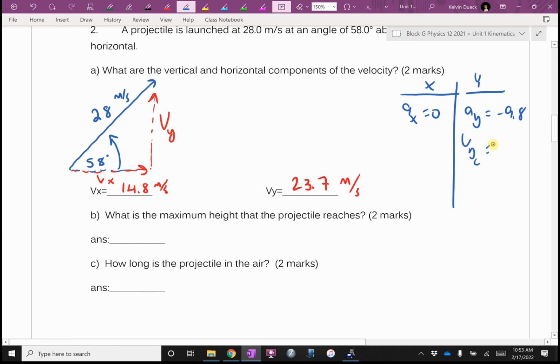Vy initial equals 23.745. Height is definitely vertical, but I only know 2 things. I need a third. What's Vy final? At the top for a split second, it's 0.